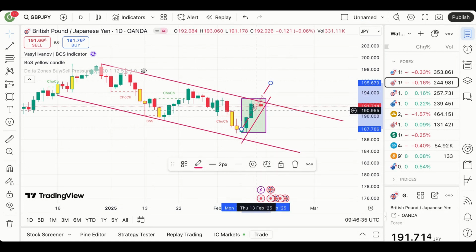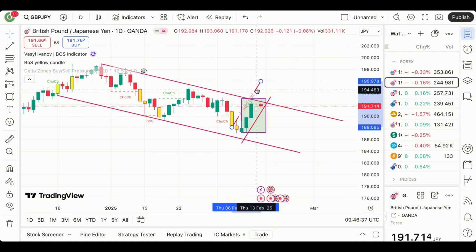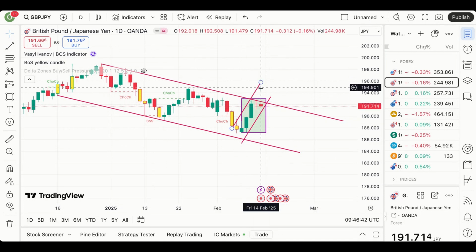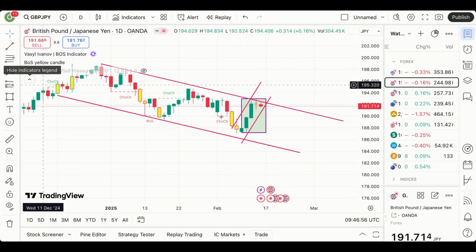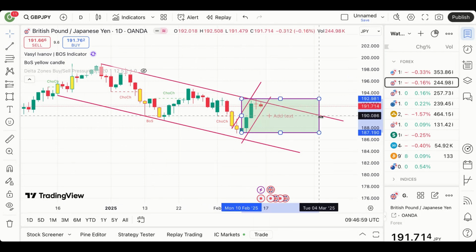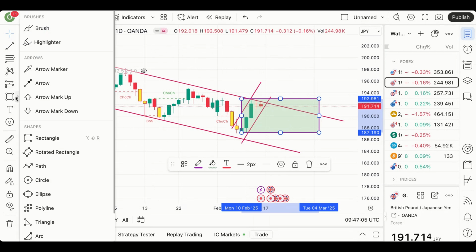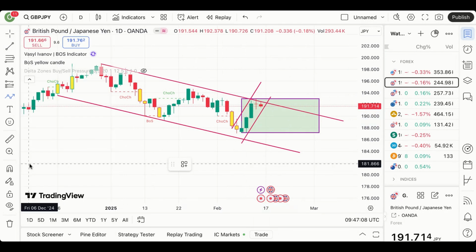Yes, we don't know if it's going to break this trend line, this one that is bearish, to the upside. Now, how do we trade this one? We have to definitely wait here because of this trend line.